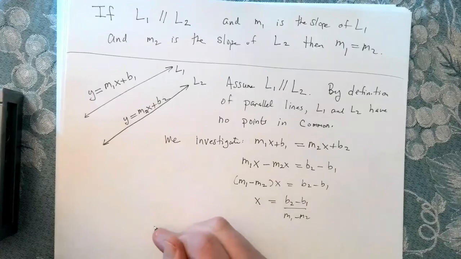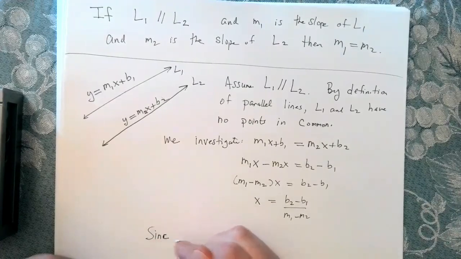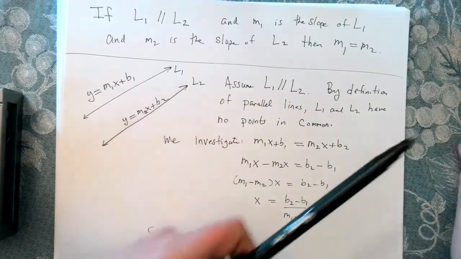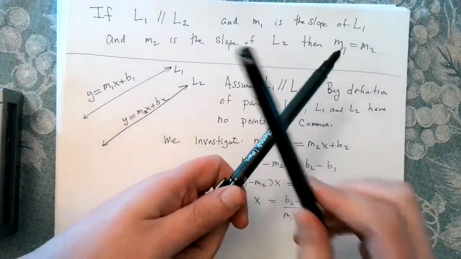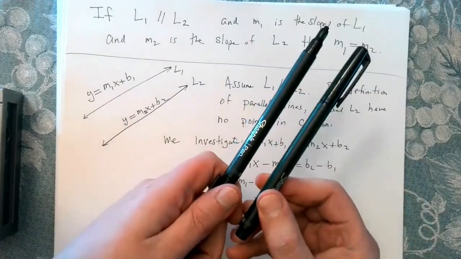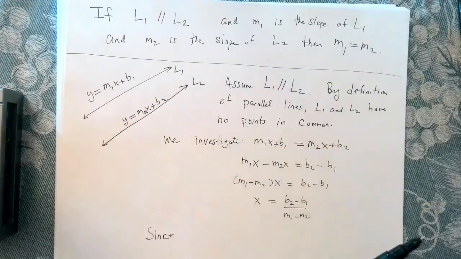And we know that there's no solution. How do I know there's no solution? There are no points in common. To have a solution would mean they intersect. A solution corresponds to a point of intersection, and since they don't intersect, there's no such thing as a solution here.